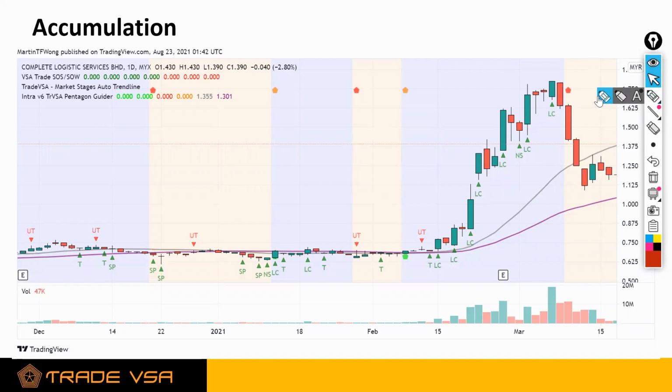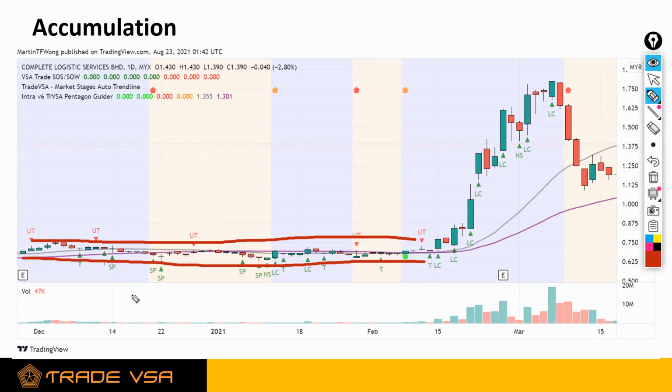So what we have here. First of all, we got a nice accumulation, with mostly narrow bars; the ranges are almost the same and very close to each other.